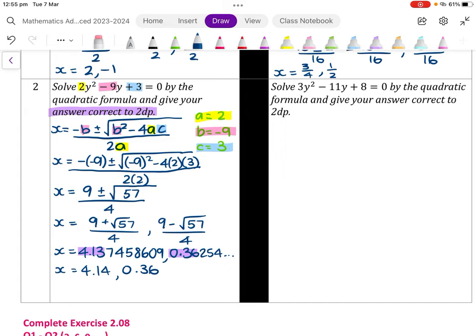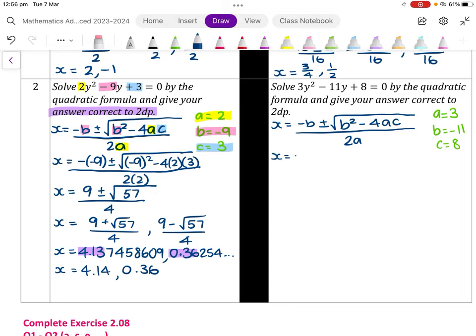Alrighty, pause the video and have a go at solving 3y squared minus 11y plus 8 equals 0 by the quadratic formula, and give your answer correct to 2 decimal places. So you should have identified your a to be 3, your b to be negative 11, and your c to be 8. We write out our quadratic formula, x equals minus b plus or minus the square root of b squared minus 4ac all over 2a.